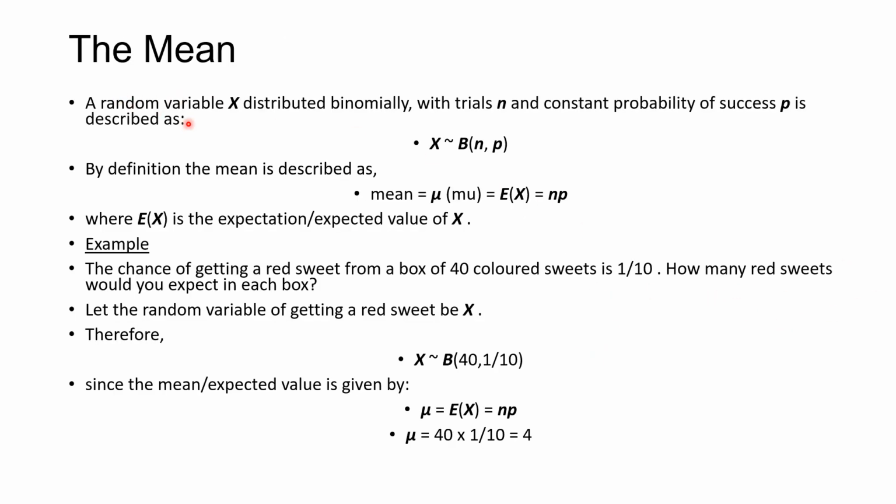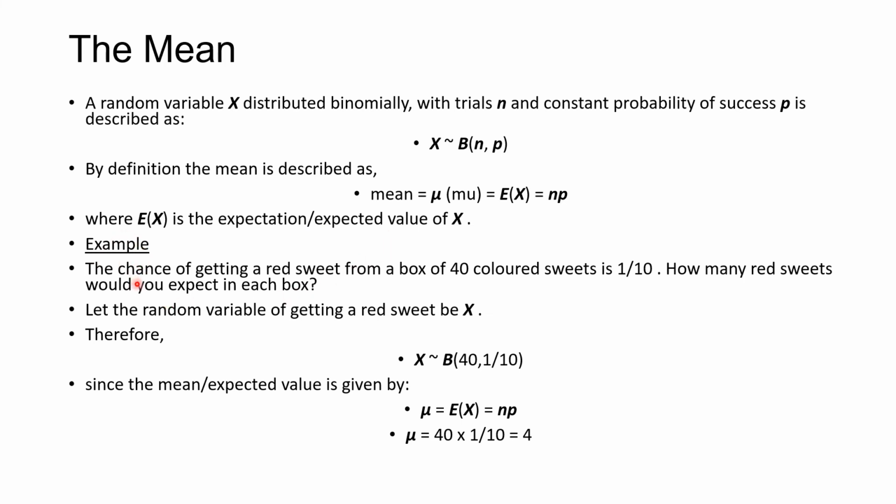If you are required to find the mean and X fulfills all the binomial distribution criteria, and you know the values of n and p, then the mean, or expected value, is NP. Some textbooks use expectation as well. These are just some of the terminologies used widely in statistics.